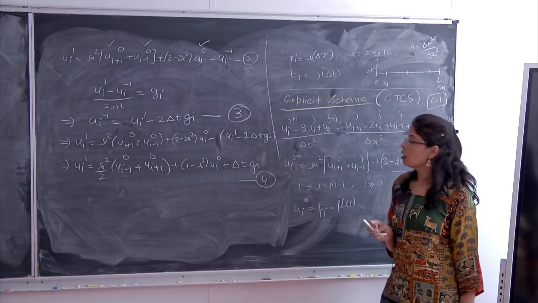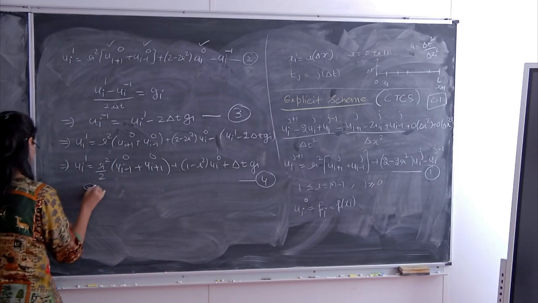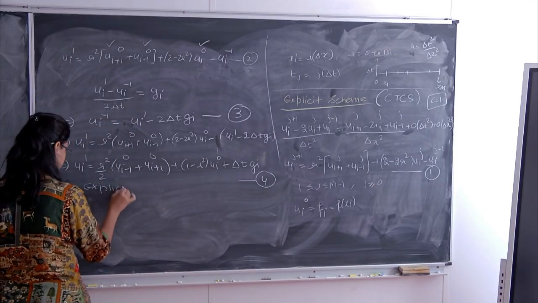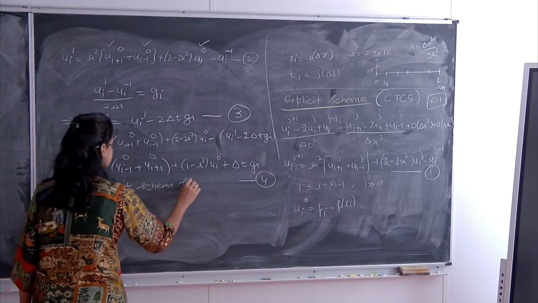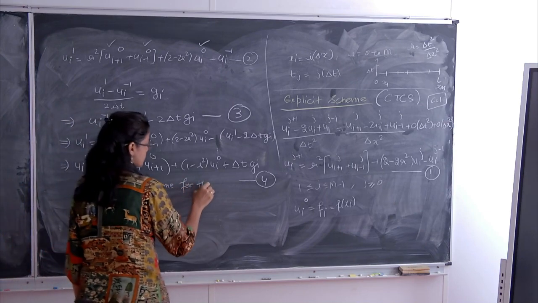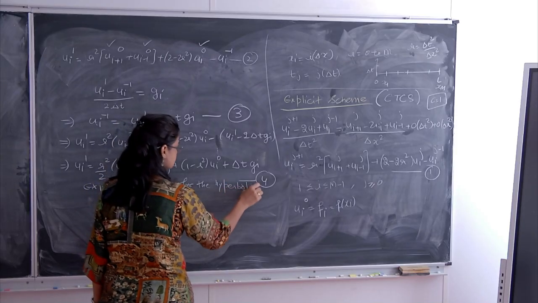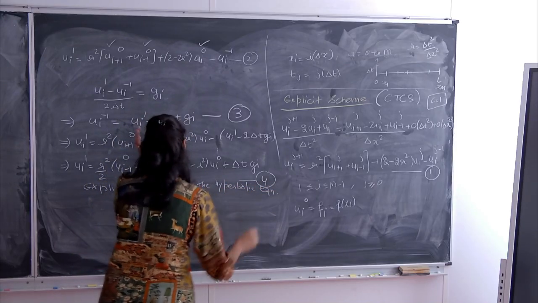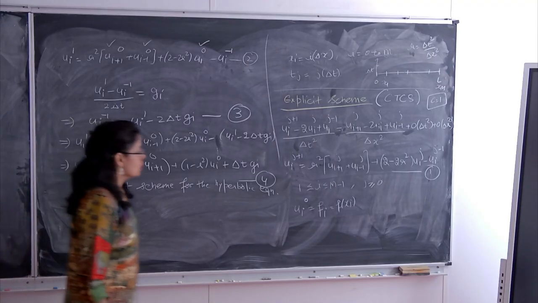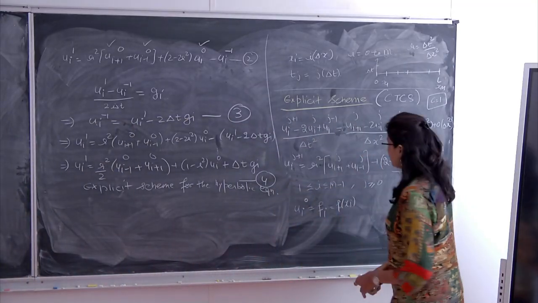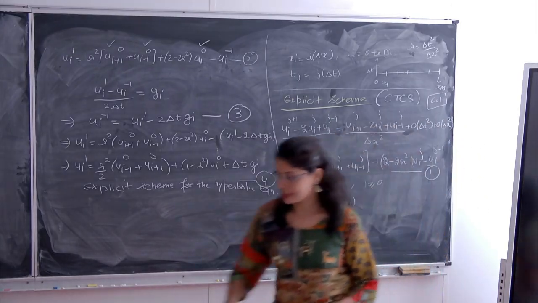So, this is our explicit scheme for the hyperbolic equation. Fine. Okay, so next let us draw the stencil of this problem and see how that looks.